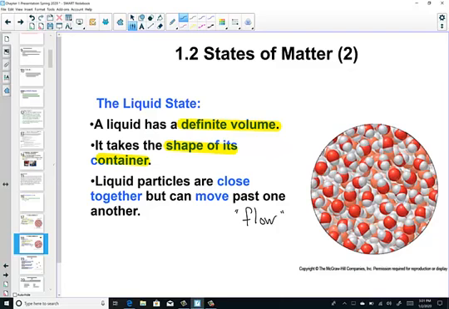But if I transfer, let's say, liquid water from one container into the next, it might change shape depending upon the shape of the container, but I haven't added or subtracted in terms of the amount or quantity of that liquid. So liquids can indeed flow past one another. They are less organized than solids, but certainly more organized than gases.